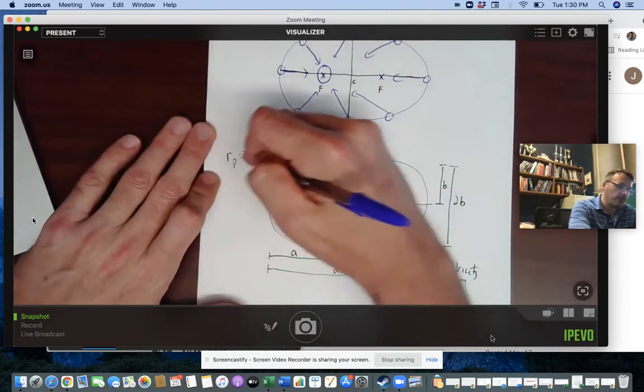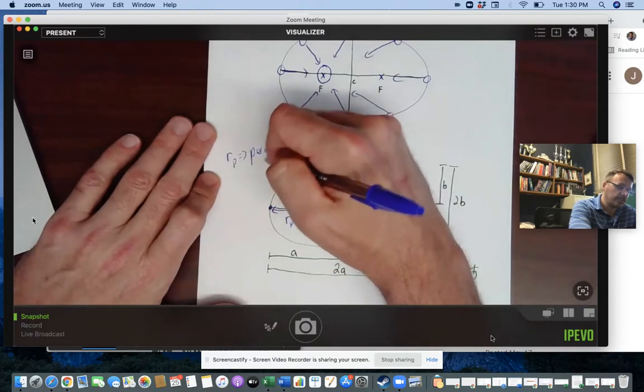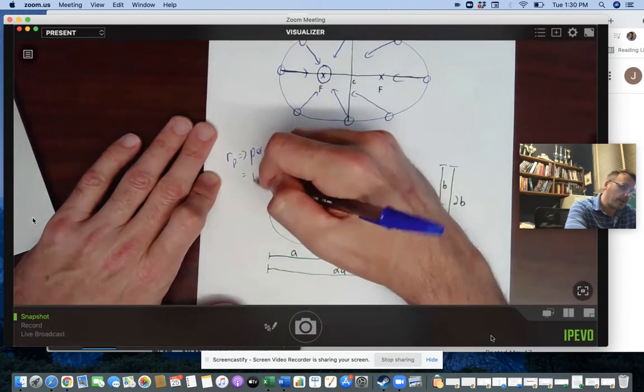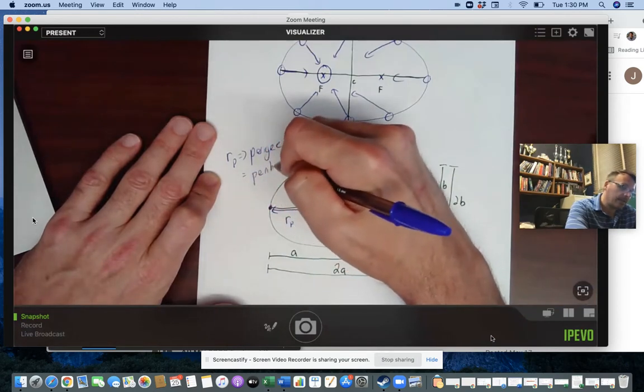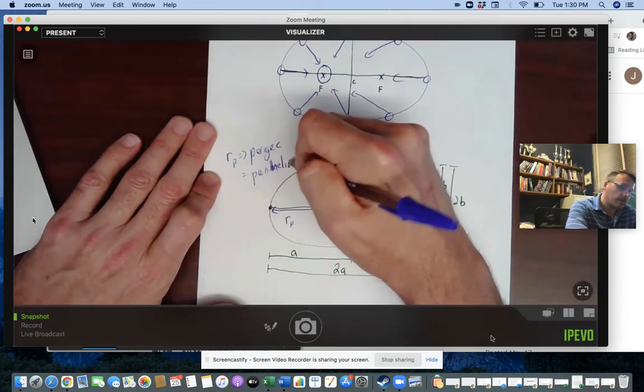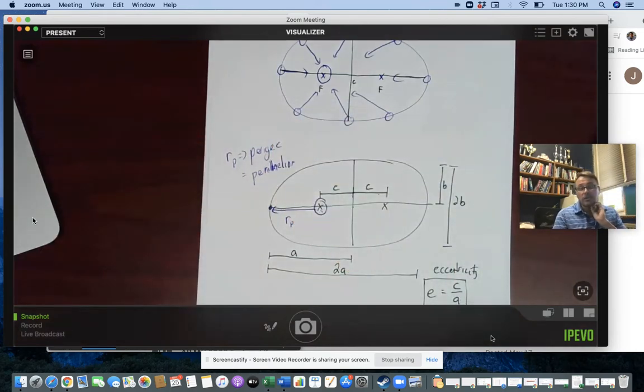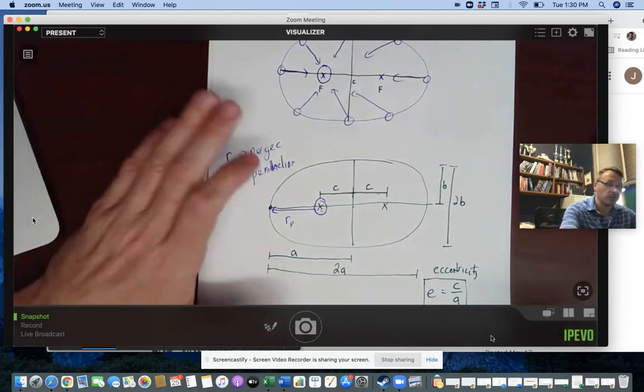RP is for the perigee distance. When the sun is the thing at the center, it's sometimes called the perihelion. Helion is for sun. Peri means closest, so a perigee is a point of closest approach. Perihelion, point of closest approach to the sun.